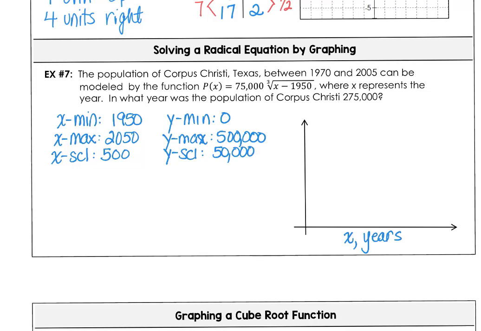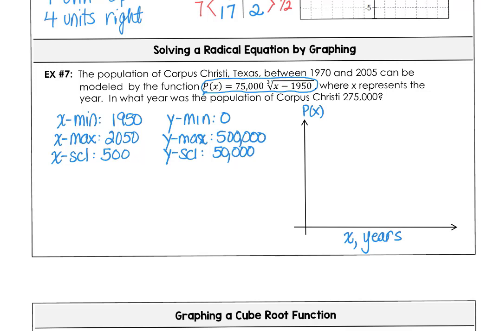So if you'll turn the video off and get a graph on your calculator, here's what we're looking at. We want to use this function right here, 75,000 times the cube root of x minus 1950. And all of that is under the radical there.